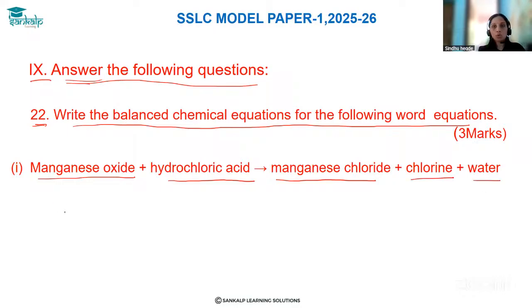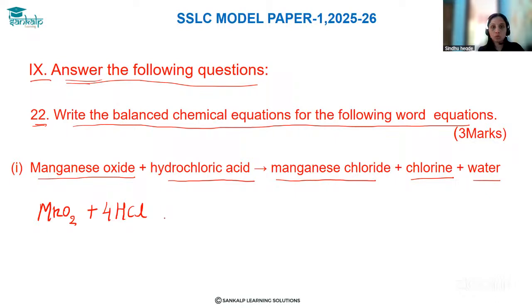Okay. We'll see how to write the chemical equation. Manganese oxide is nothing but MnO2. This is the manganese oxide plus hydrochloric acid. It is 4HCl.